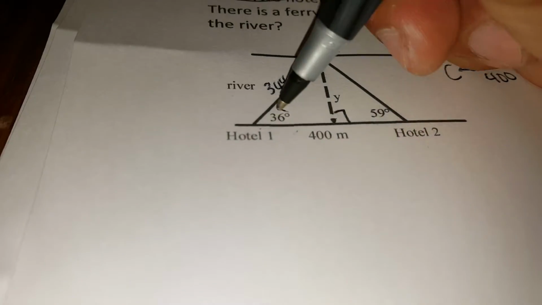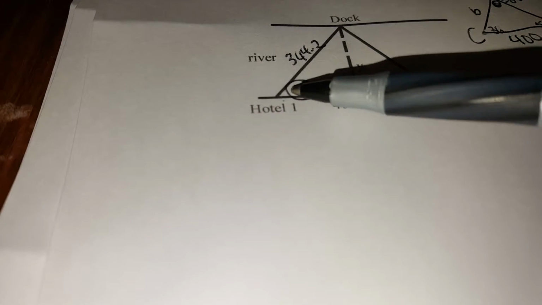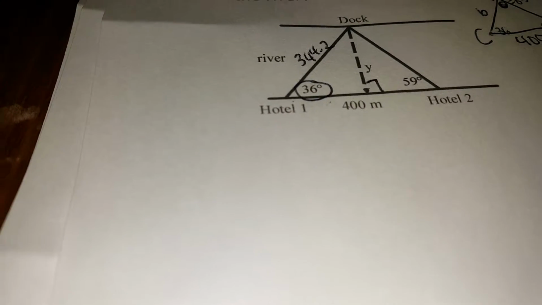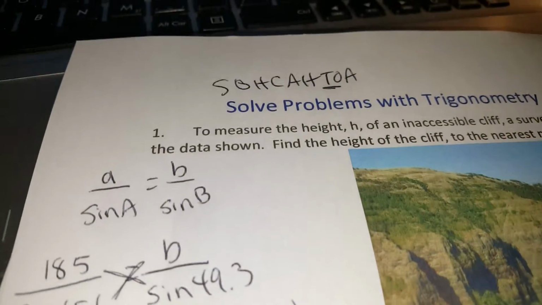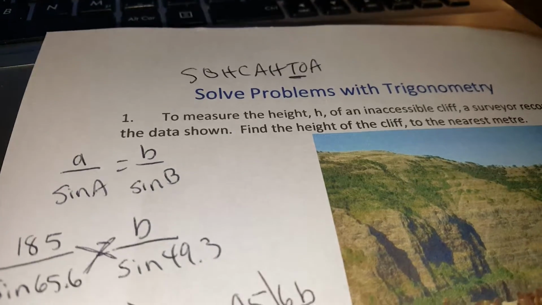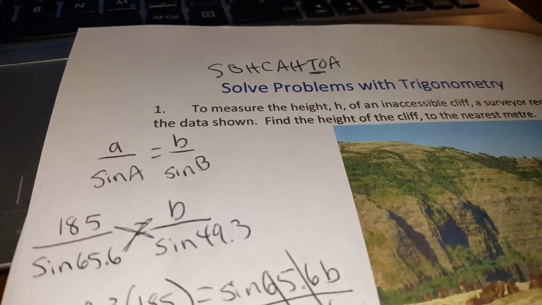So I'm working with respect to this angle, so I need to look at what I have with respect to that angle. So I'm trying to find this. So this would be, in this case, in respect to 36 degrees, that would be the opposite. And I also have the hypotenuse. If I go back up to SOHCAHTOA that I wrote up here, the trig ratio that takes hypotenuse and opposite into account is sine.